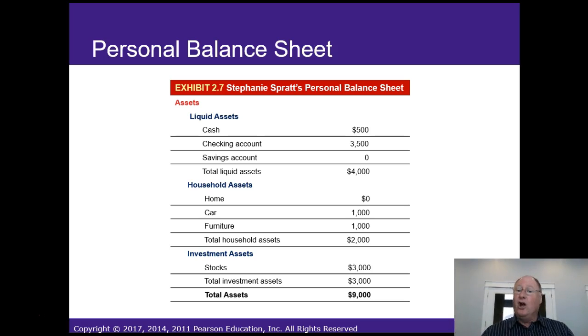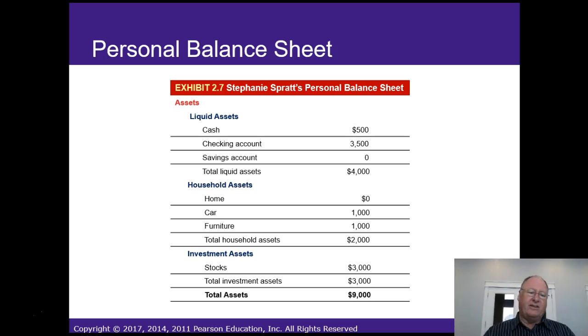That includes your car. You may have bought your car for $20,000, but it's only worth $1,000. You may still owe $15,000 on it, but if you were to sell it, you would still only get $1,000. You put down the $1,000 of what you could get for that.